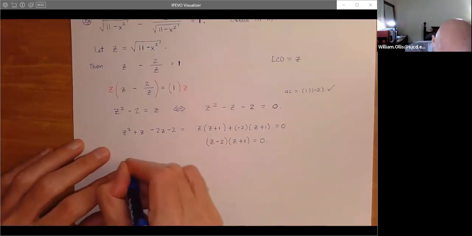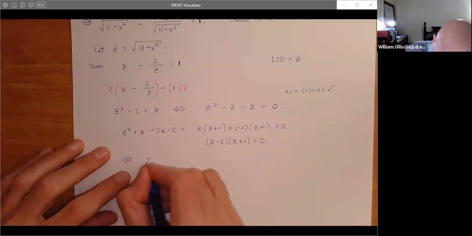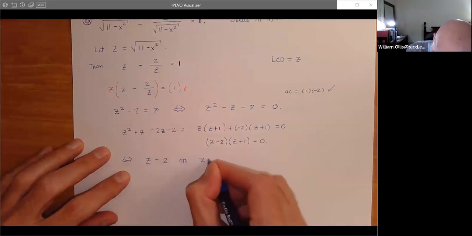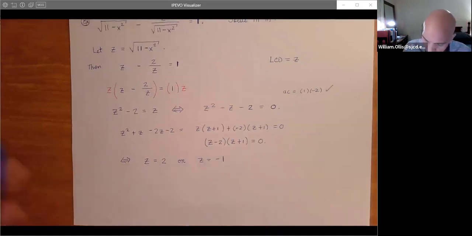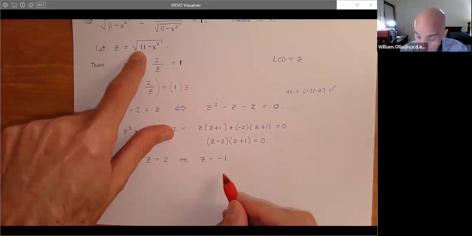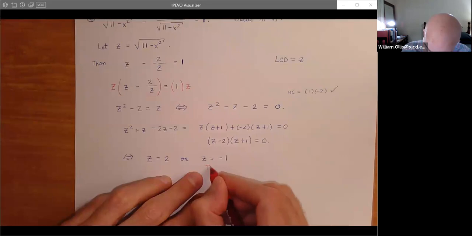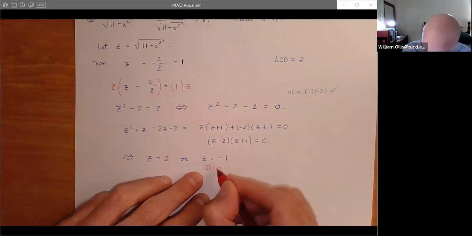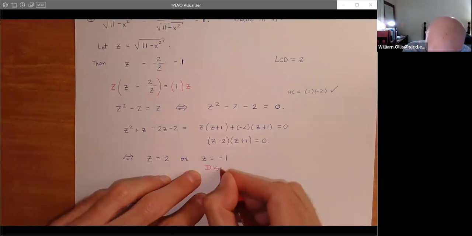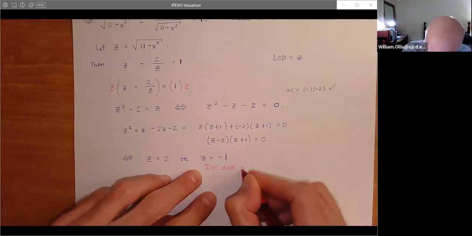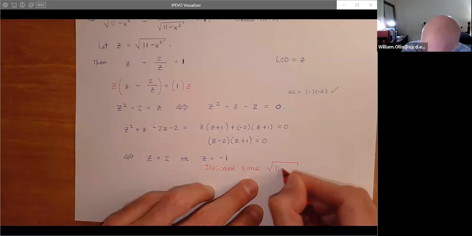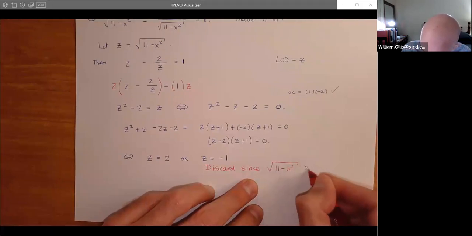So now by zero product, we have z equals 2 or z equals negative 1. But now here, notice that's going to mean that a principal square root is less than 0. So this will be discarded, since the square root of 11 minus x squared, which is z, is non-negative.